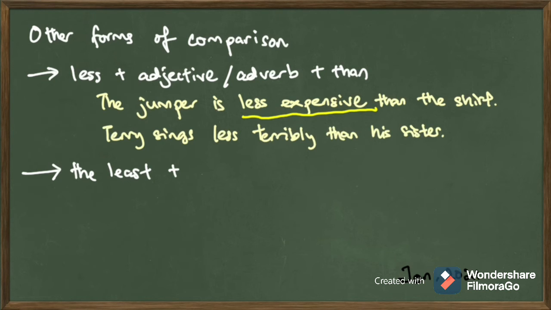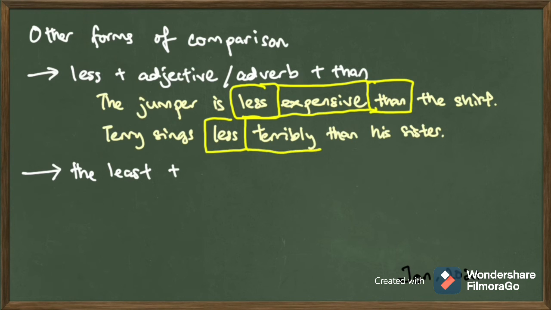In these two examples, you can see the word less. After that, the adjective comes after the word less, followed by the word than. The same thing for the second example. You need to use less, and then terribly, and you have the word than.